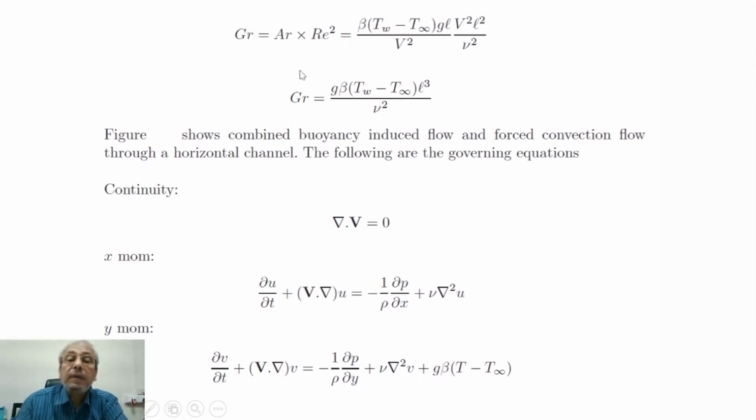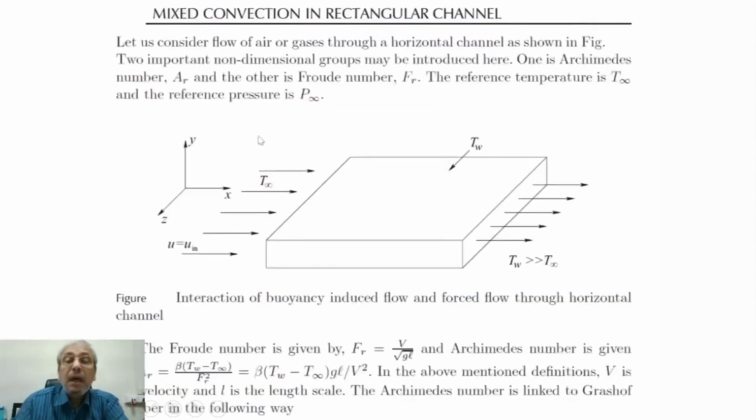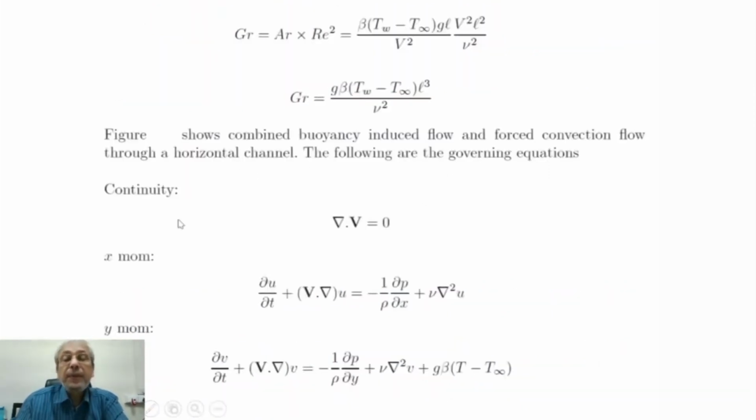We get the Grashof number g beta delta T L cube by nu square. Now this figure shows us the schematic of the flow arrangement, and if we want to solve this numerically, we have to consider the continuity equation by invoking the Boussinesq approximation, where it remains divergence of V equal to 0.